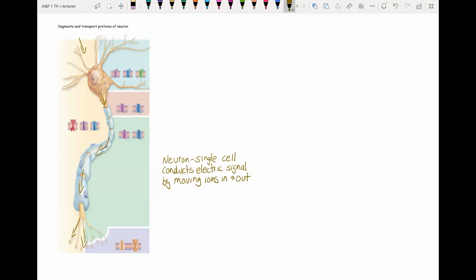Over on the right, it's color-coded by region. So we have the blue, the pink, the green, and the purple. Show us the different segments of a neuron. So we're going to go through and look at each of those. The top one here is the receptive segment.